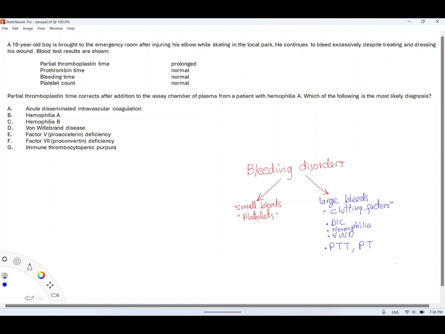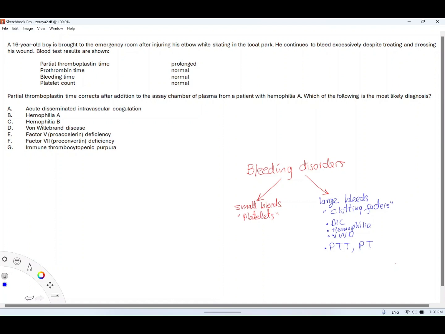The extrinsic pathway is primarily factor 7 and factor 3 with calcium. The intrinsic pathway is primarily factor 8 and 9 with calcium. All of these eventually activate factor 10 and factor 5, which activate prothrombin to thrombin, and thrombin activates fibrinogen to fibrin, and fibrin is what makes a clot.